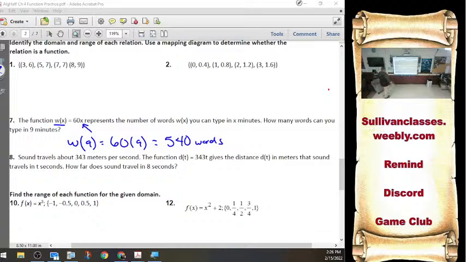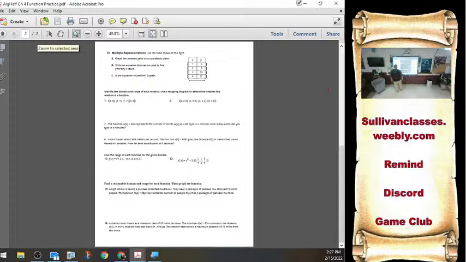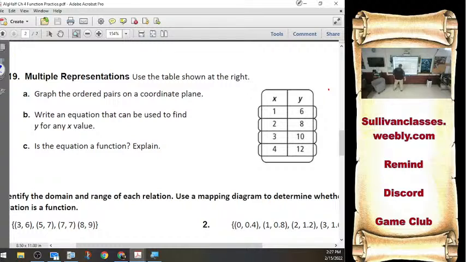Number 19. Well, it's towards the bottom. It's probably got more words involved. All right. Or fractions. Graph them on a coordinate plane. The points are (1, 2), (2, 4), (3, 6), (4, 8), (5, 10), and so on.